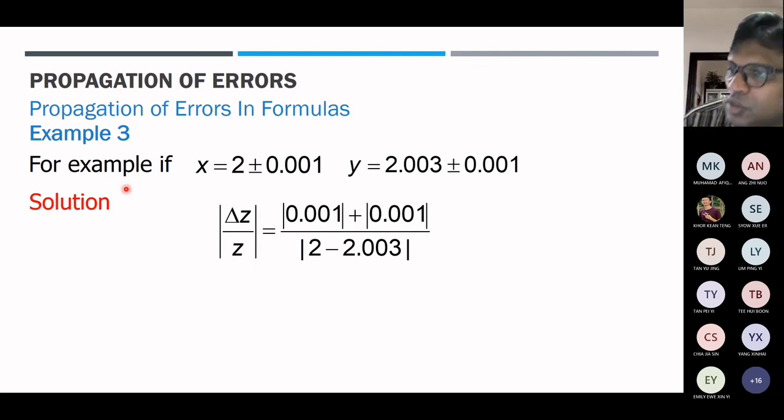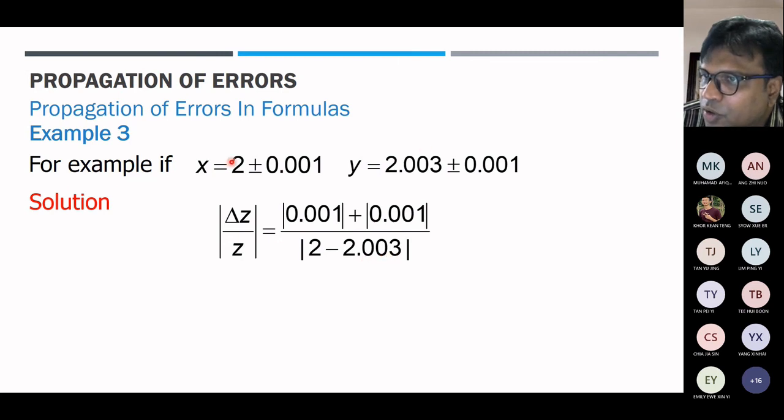We can add the error terms, which is 0.001 for x, and 0.001 for y as well, over x minus y, so you write 2 minus 2.003.